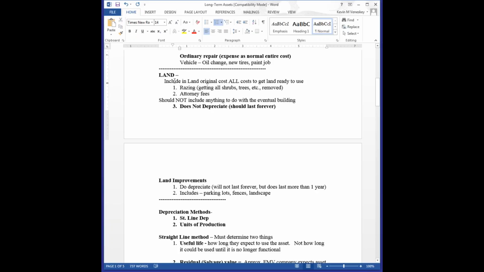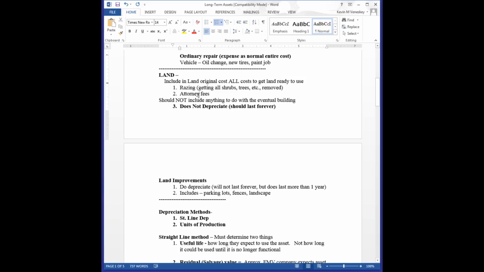So the one other thing besides land not depreciating is, just like with our normal assets, any costs that get that land ready to use get included in the purchase price. So even things like attorney fees, instead of calling that a legal expense.